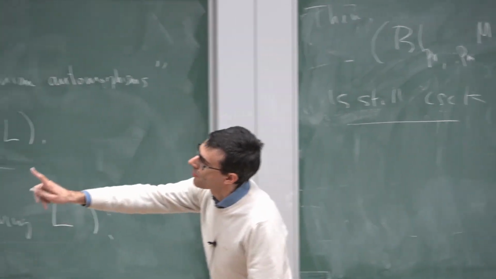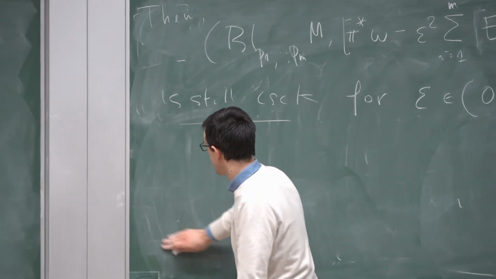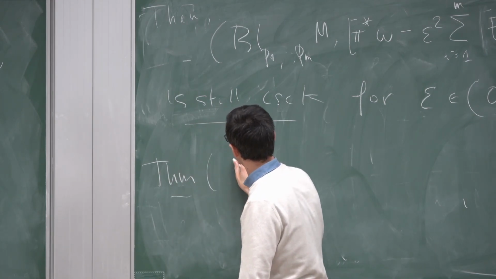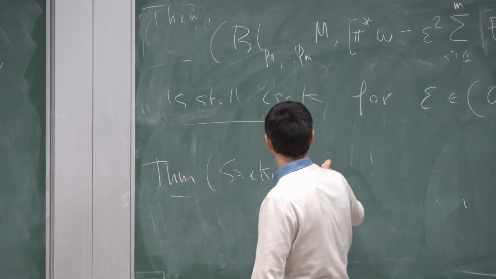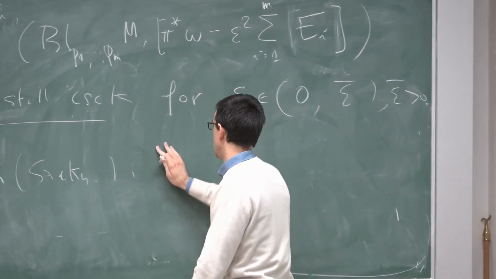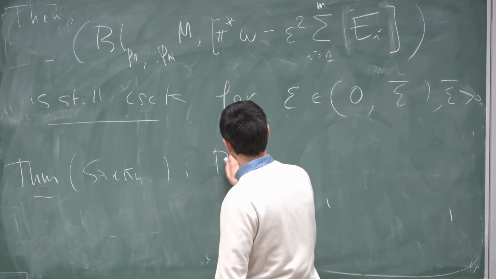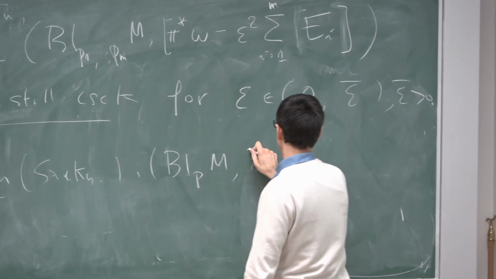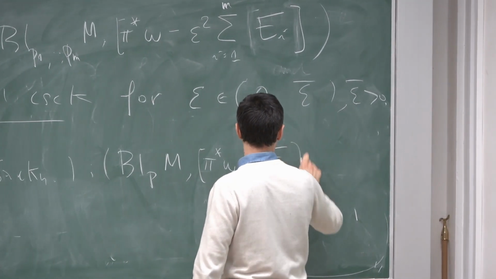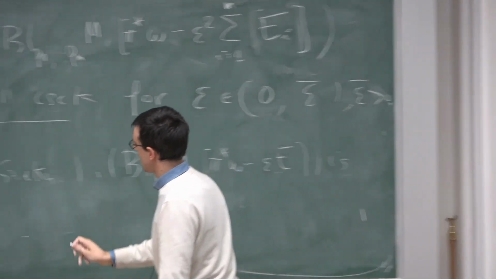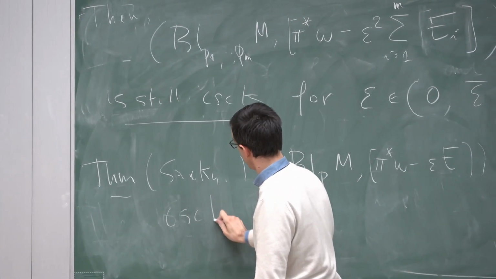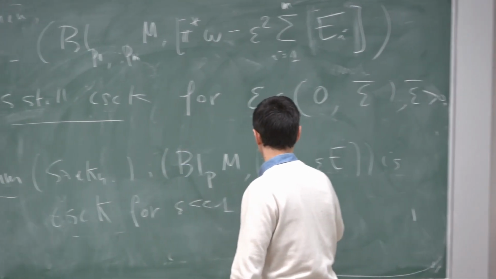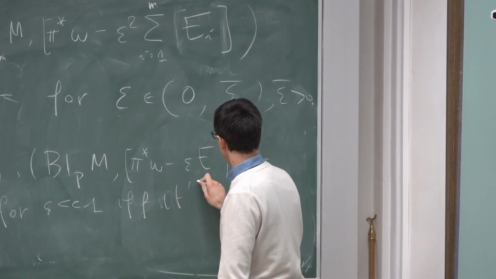And similarly to what we had for deformations before, you can promote this to K-stability in one special case that's not as general as we had before. This is a theorem of Székelyhidi. It says that in the situation above, the blow up at a single point with its polarization is CSCK for very small epsilon if and only if it's K polystable.